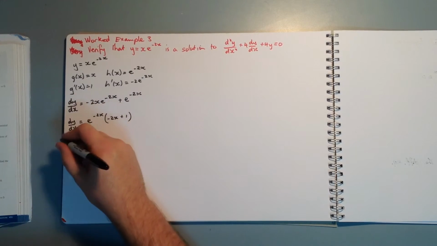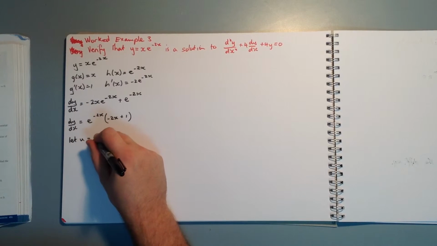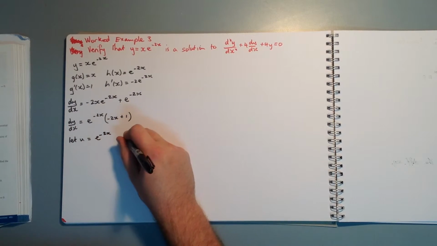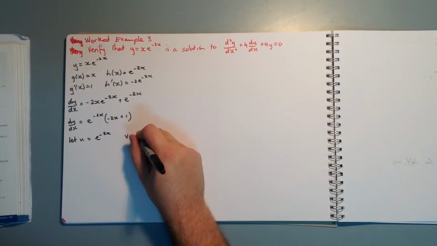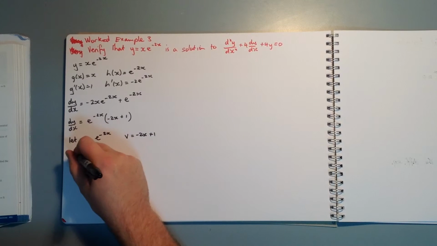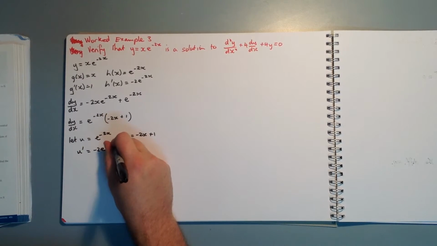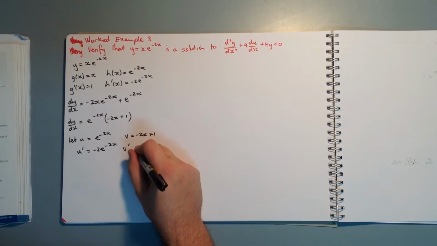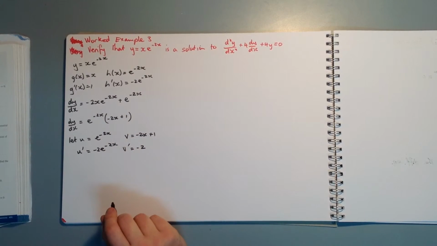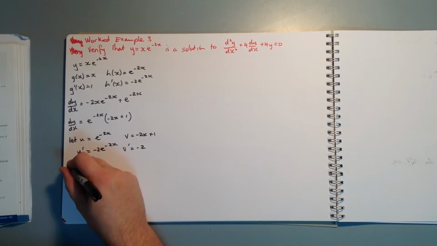This time let u equal e to the negative 2x, let v equal negative 2x plus 1. Then u dash equals negative 2e to the negative 2x, and v dash equals negative 2.